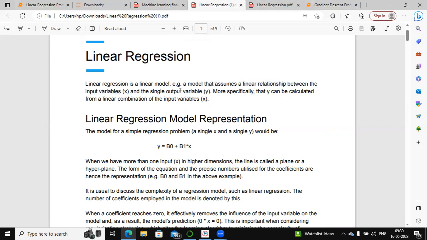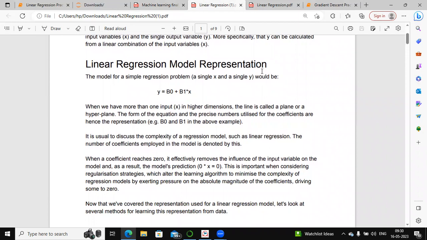So it's a linear model, for example, a model that assumes a linear relationship between input variables and a single output variable. More specifically, that y can be calculated as a linear combination of the input variables. Okay. So y is nothing but the output, and the output is a combination of the input variables x.